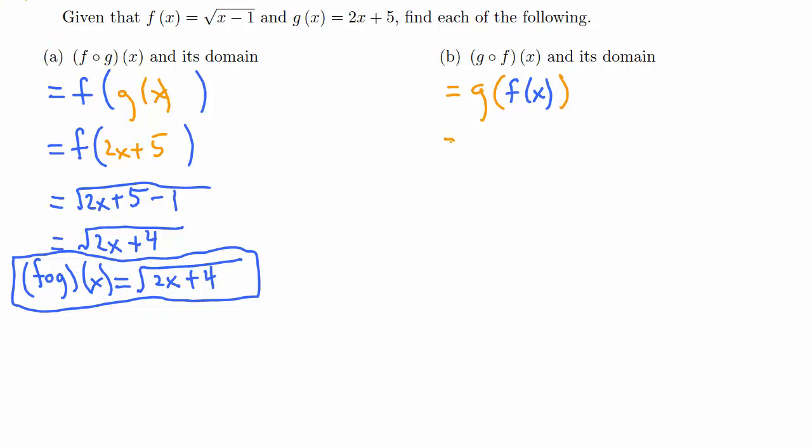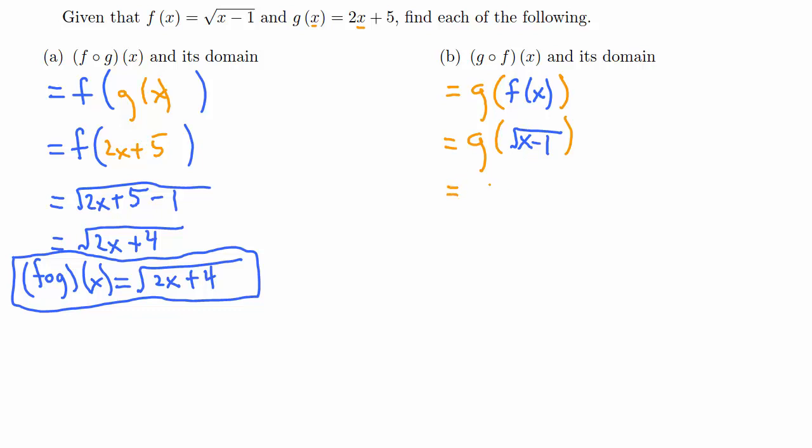So what this means is that we're actually looking at g of whatever f of x is, which in this case is the square root of x minus 1. Then you simply go back to the g function and replace all the x's with the square root of x minus 1.